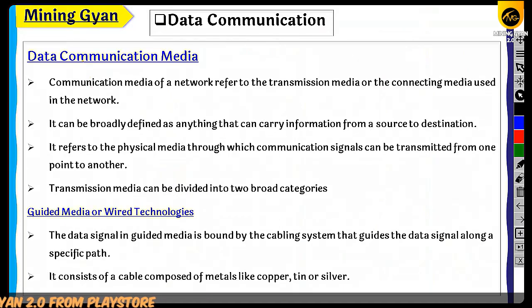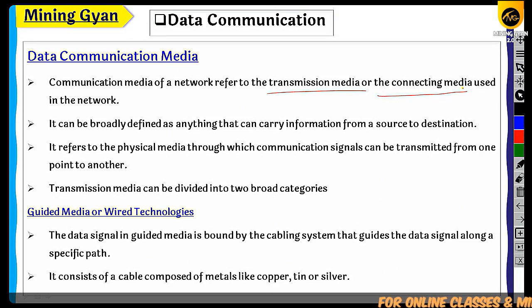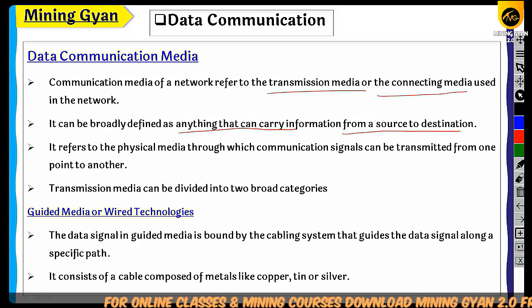Now the data communication media of a network refers to the transmission media or the connecting media used in the network. Basically these are the types of connecting media which can connect two networks. It can be broadly defined as anything that can carry information from source to destination.